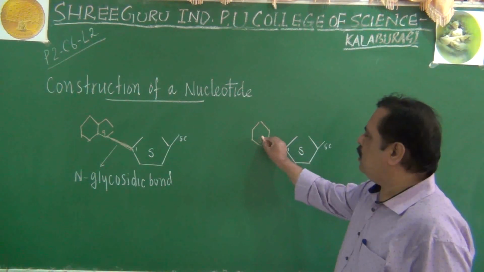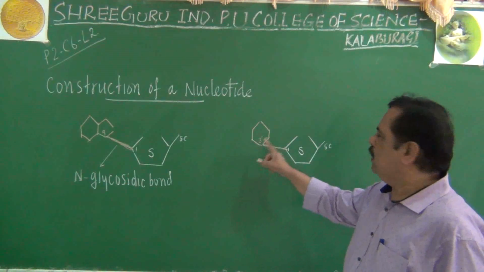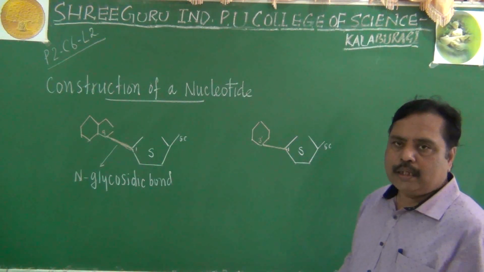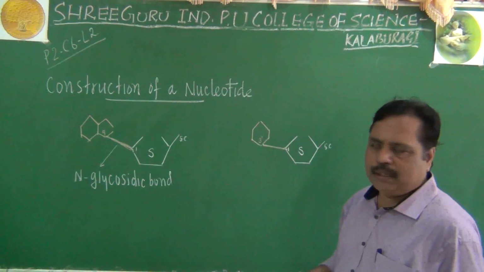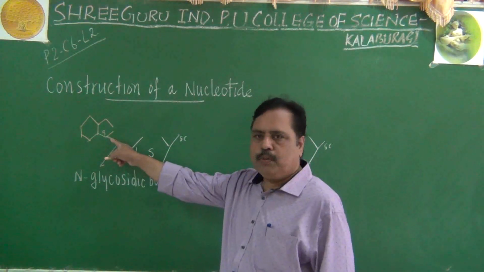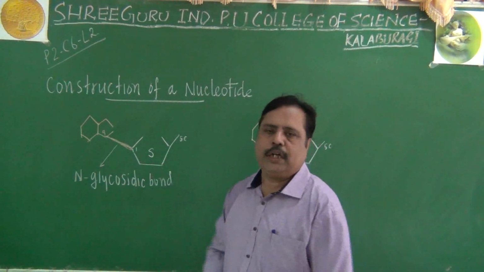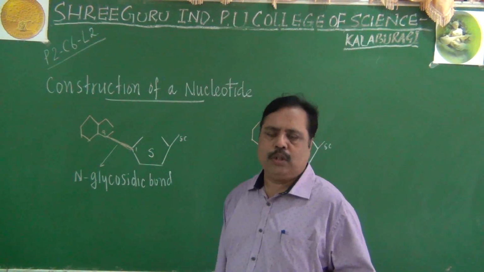So the third carbon atom of the pyrimidine will join with the first carbon atom of the sugar molecule, if it is made up of pyrimidine. Suppose it is a purine base, then the 9th carbon atom of the purine will join with the first carbon atom of the sugar molecule.